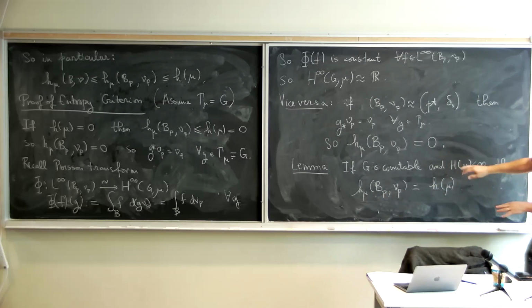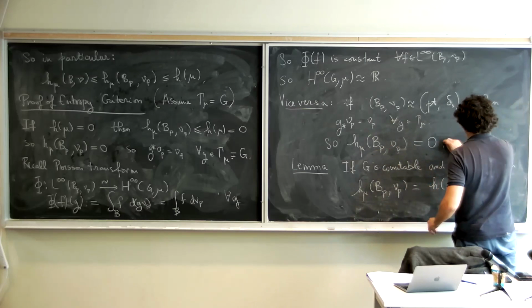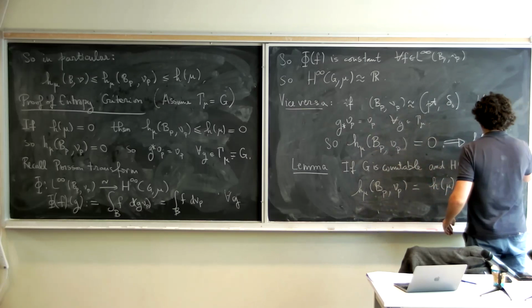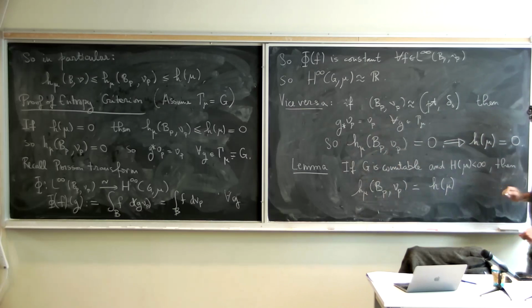So let's say that we assume this for the moment. If we assume this, then we're good to go, because from this one being 0, this also implies that h_mu is 0.